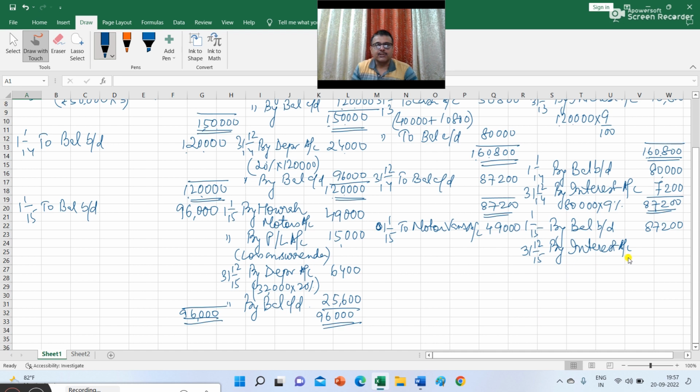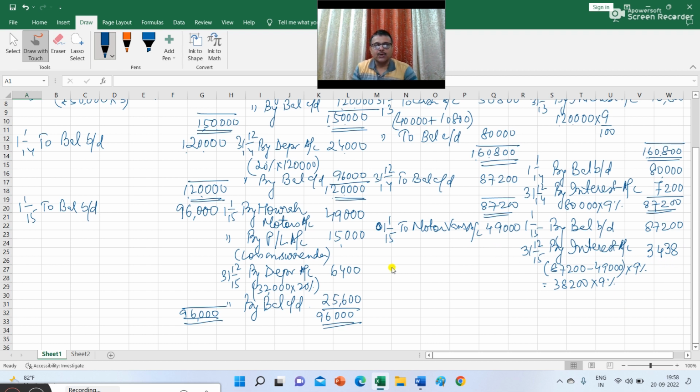So what is the amount of interest to be charged? 87,200 is the amount which was outstanding on 1st January, and 49,000 will be reduced from this outstanding because the value of the two motor vans was valued at rupees 49,000. So this figure is 38,200 into 9% will give you 3,438.